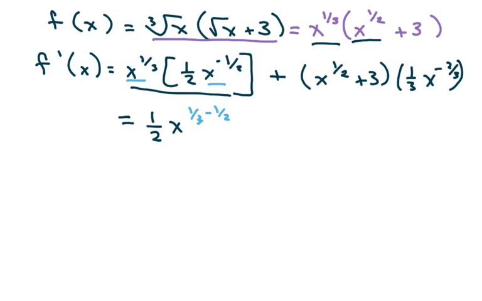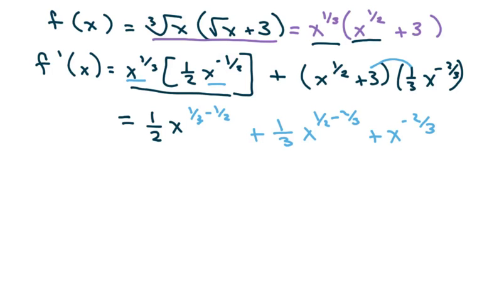And then on this one, you're going to get 1/3 x to the 1/2 minus 2/3. And you distribute here, you get x to the negative 2/3.